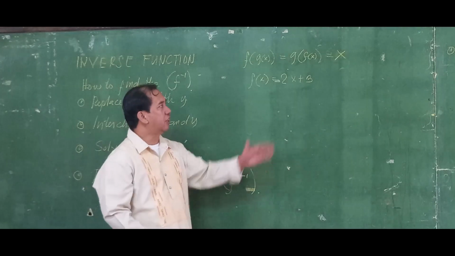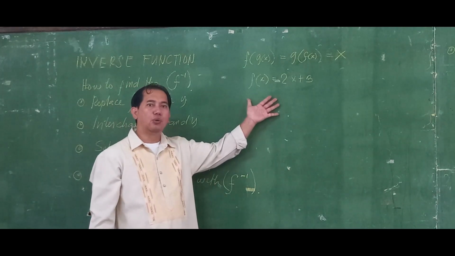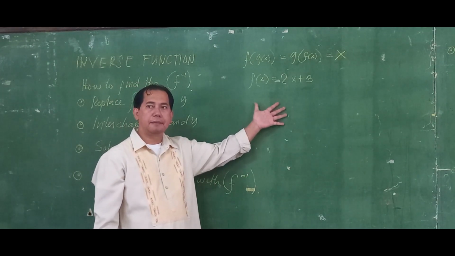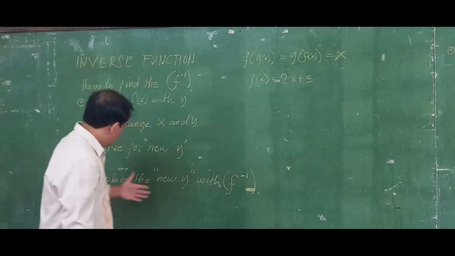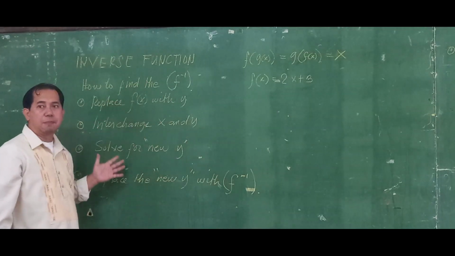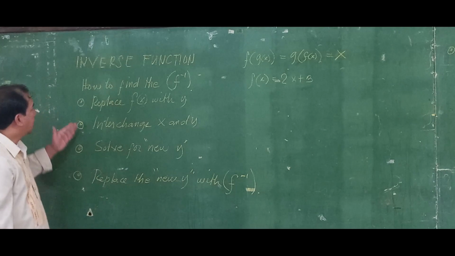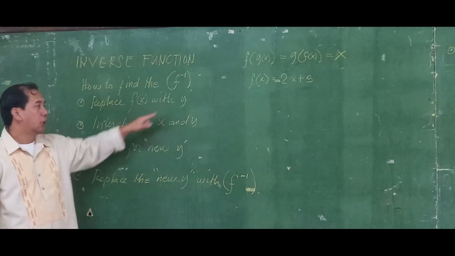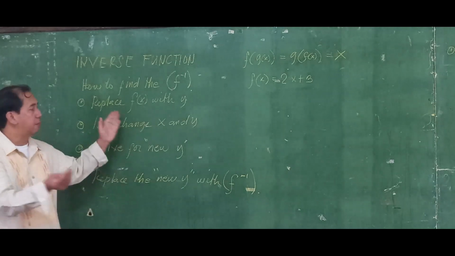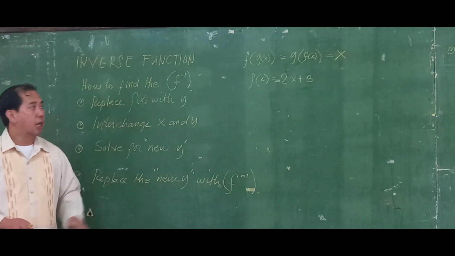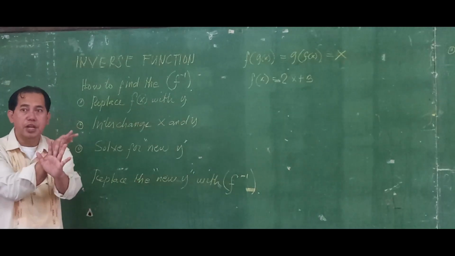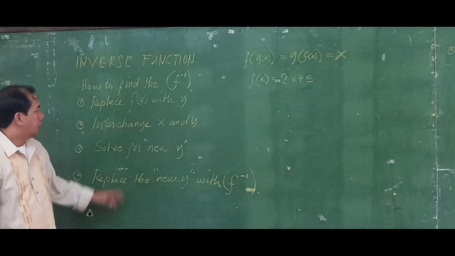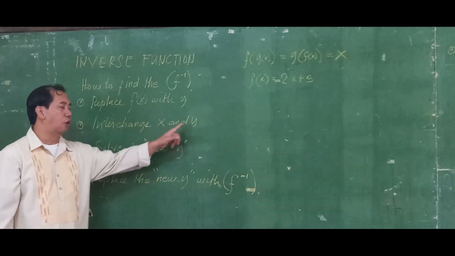Now, how do we get the inverse of this one? We follow these steps. Meaning, replace f of x with y. Another interchange: after replacing f of x with y, you interchange the position of x and y.